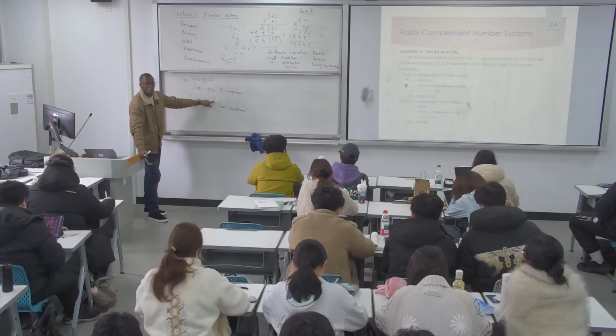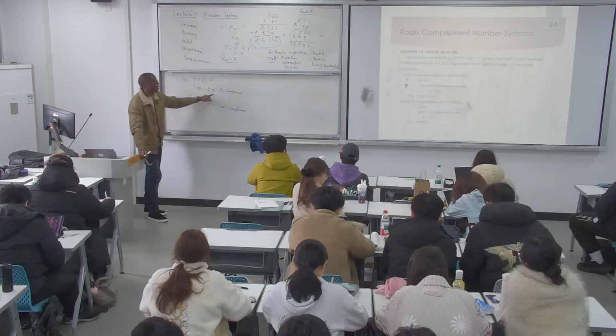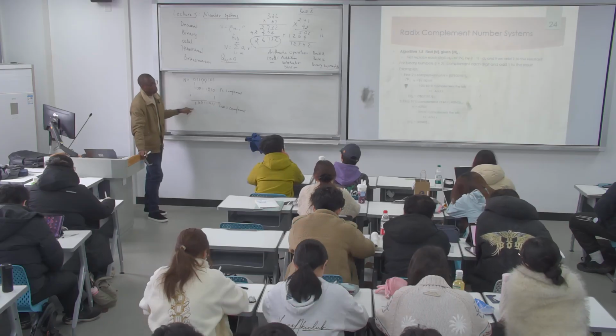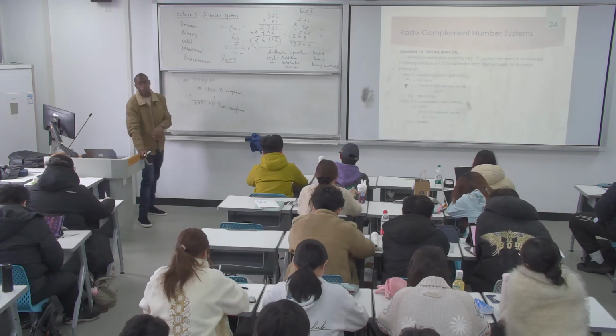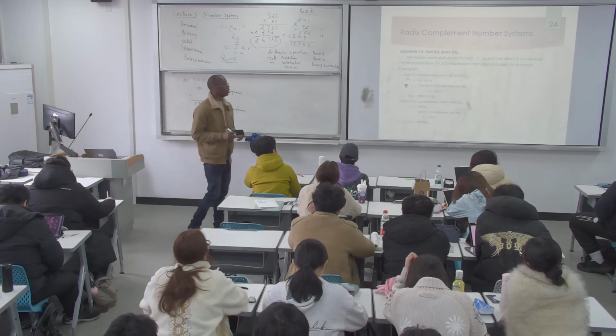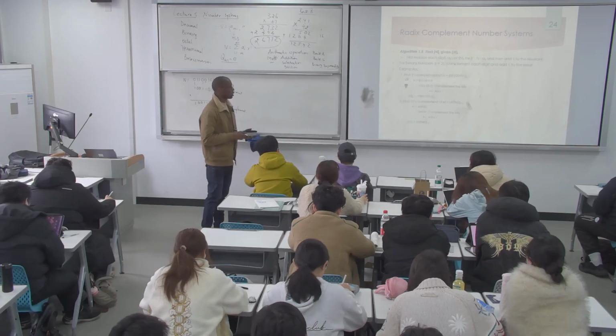After you found the 1's complement, you need to add 1 to the least significant bit. The least significant bit is 0. Then you get this number, which is the 2's complement of this number. Clear?